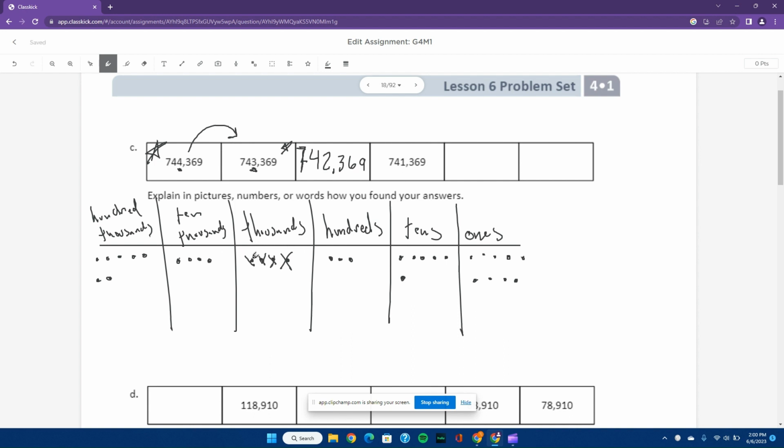Take one away here, and we have 740,369. Now, to get to this next number, I don't have any thousands. So I'm actually going to need to regroup one of these 10,000s for 10 thousands, so I have some to take away.